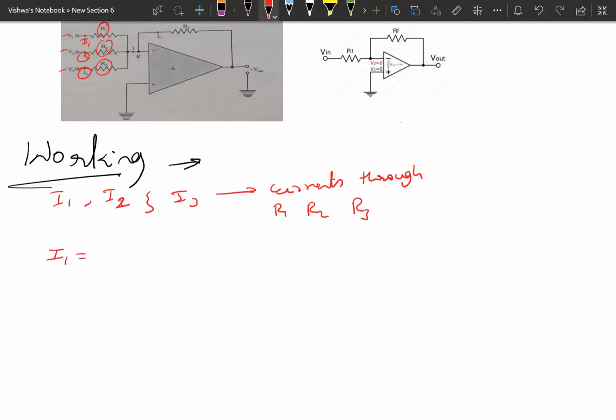I1 is equal to... Ohm's law is V equal to IR, so I equal to V by R. I1 is the current through resistor R1, and the potential difference across this resistor is V1.